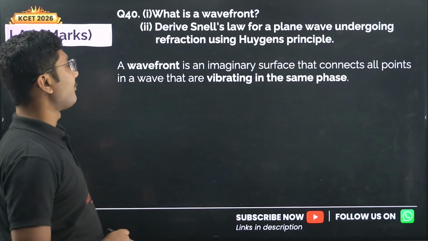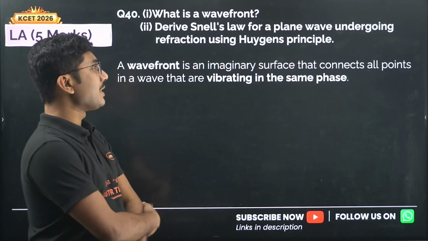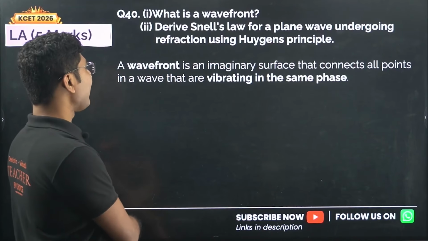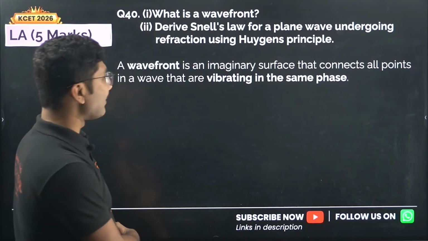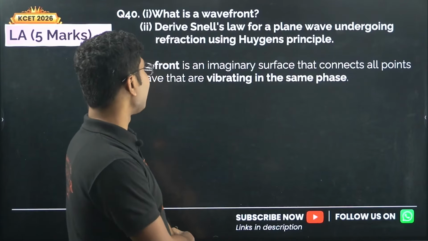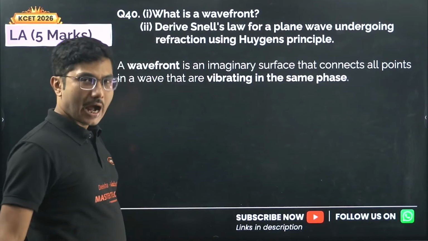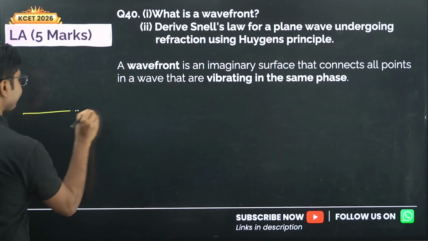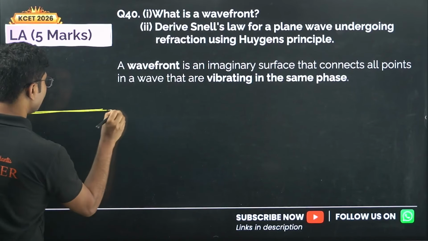What is a wavefront? A wavefront is an imaginary surface that connects all points in a wave that are vibrating in the same phase. Derive Snell's law for a plane wave undergoing refraction using Huygens principle. So this is the question that we are going to answer. Suppose there are two media.